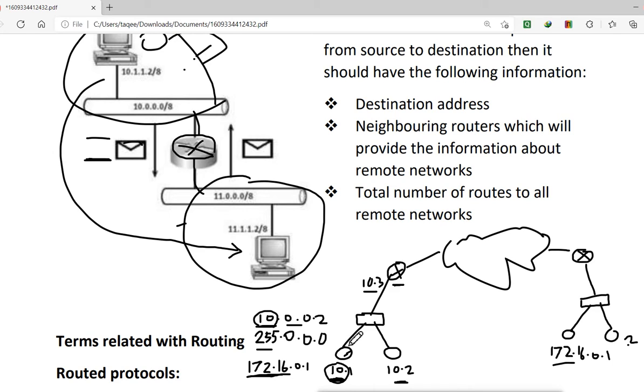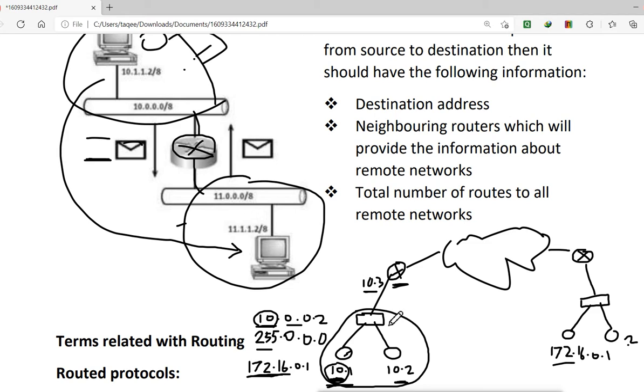Now for that, this machine checks whether I have any gateway IP or not. The important first thing is that every machine in this network must know the gateway IP address, if they have any gateway. Right now we have this router as a gateway, and this is the IP address of that router.